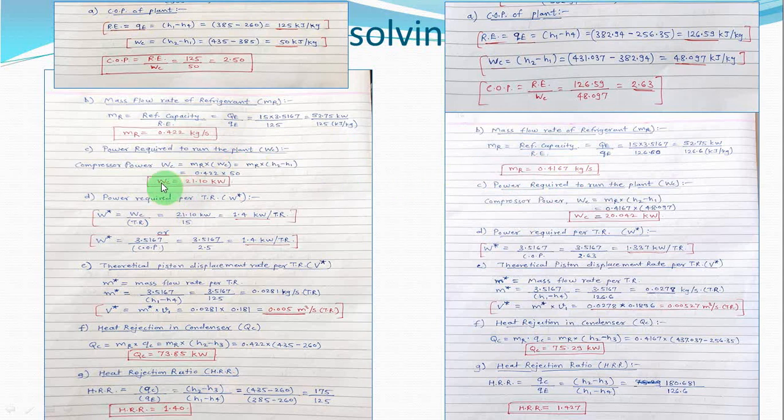Work input, power input, 21.10 kilowatt, and in the second case 20.042 kilowatt, very close to each other. Then power required per TR is 1.4 kilowatt per TR, and in this case 1.337 kilowatt per TR. Again the margin is close.